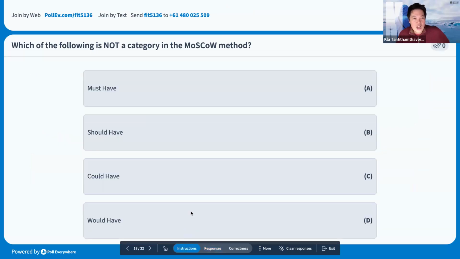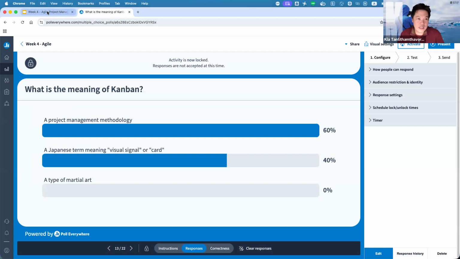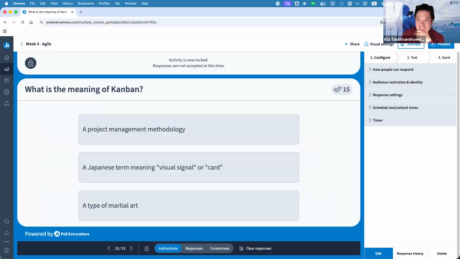All right, next, which of the following is not a category in the Moscow method? Oh, this is fun. Yeah, which one is that? Oops, sorry, one second.